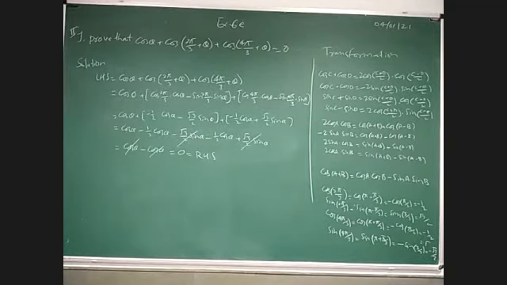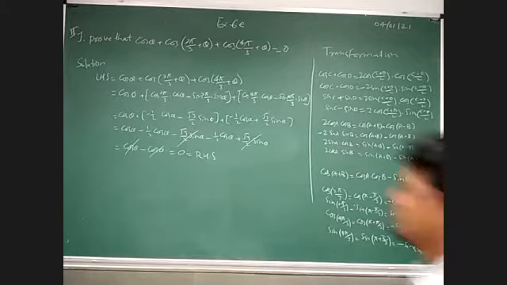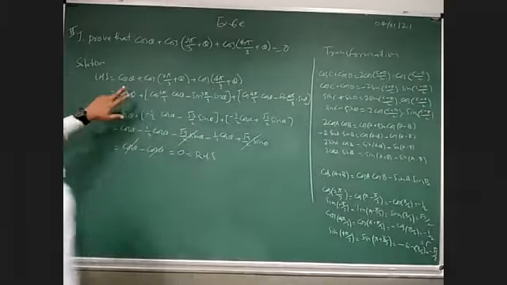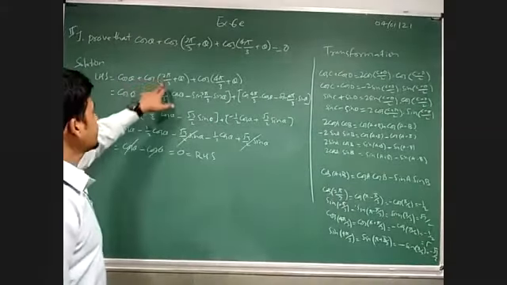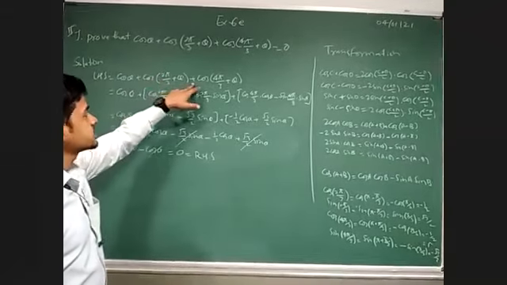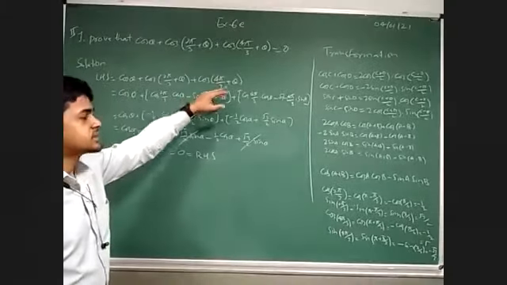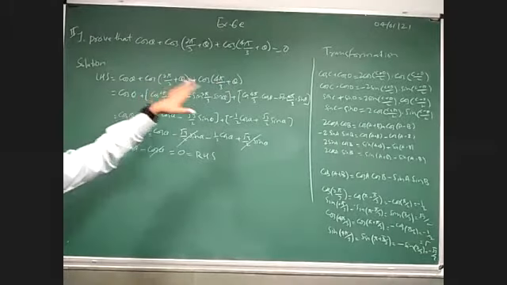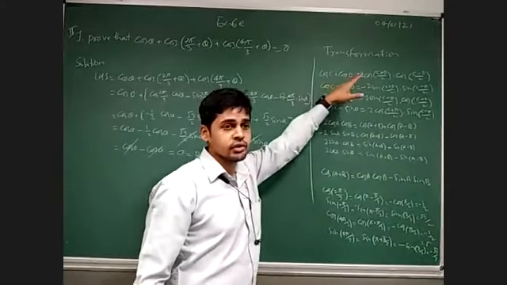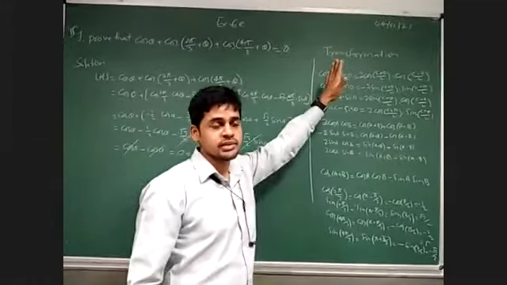Okay, I'm going to tell you once again. See here, the question is cos theta plus cos(2 pi by 3 plus theta) plus cos(4 pi by 3 plus theta). Either we can use the cos C plus cos D formula, but I didn't use that.